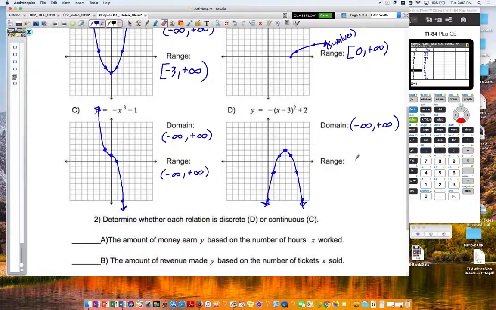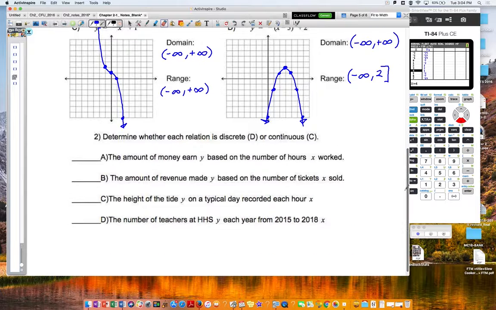So this one makes it a little interesting because you're actually going from negative infinity and stopping at 2. So you always have to start at negative and go to the positive when writing it. Even though you want to go 2 to negative infinity, the way we write it is always negative first, then positive second. All right, so that takes care of the domain and range part of this lesson.